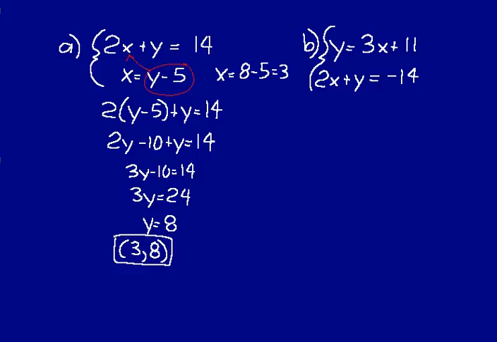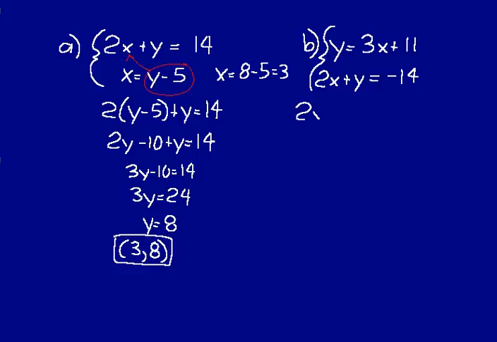But let's keep the substitution method in mind right now, and we know that when we do these simultaneous equations, we're solving for where those lines intersect. So we can say that y equals 3x plus 11, and we could substitute that 3x plus 11 value into the second equation. That would be the easiest thing to do, and then we could solve for x first.